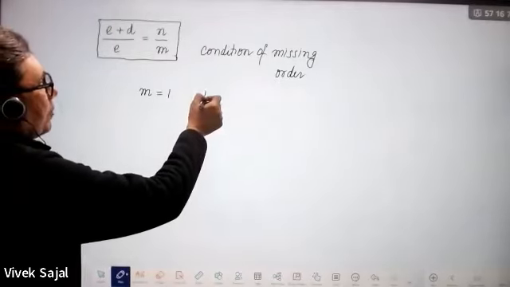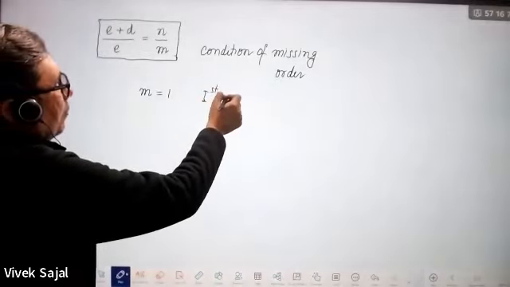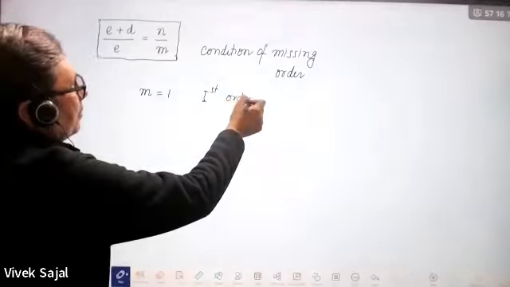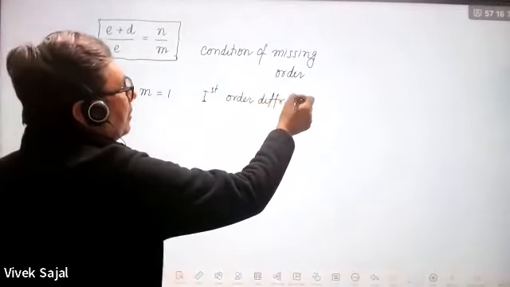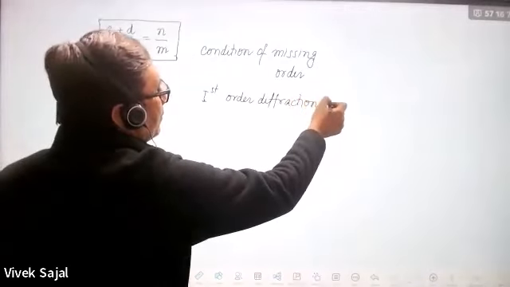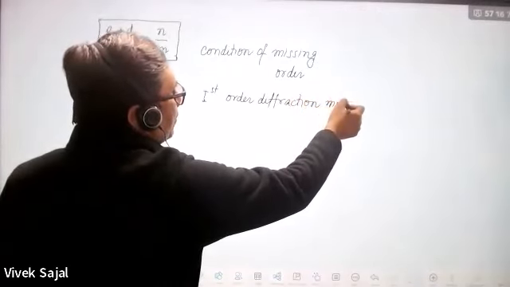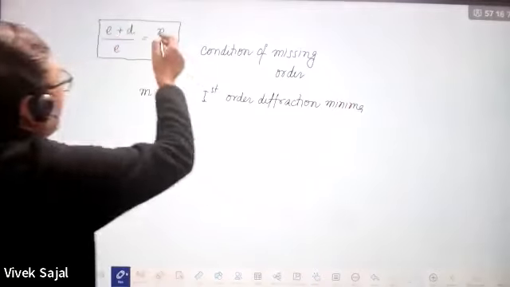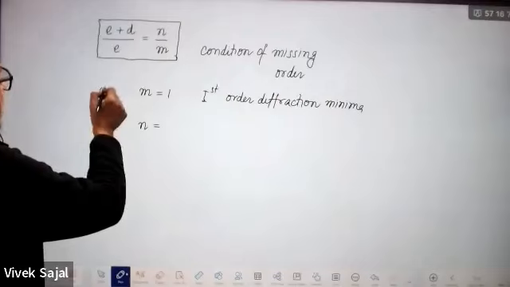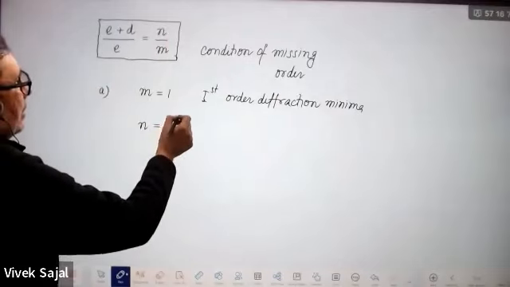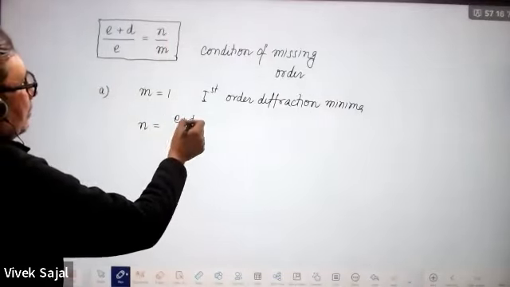So if I place m equal to 1, it means first order diffraction minima. Then this n will be (e + d) by e.